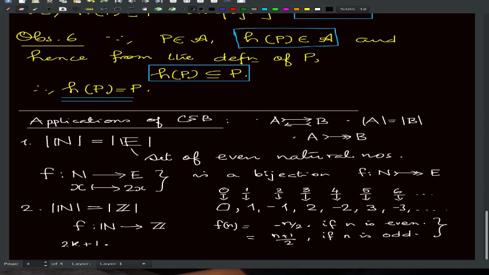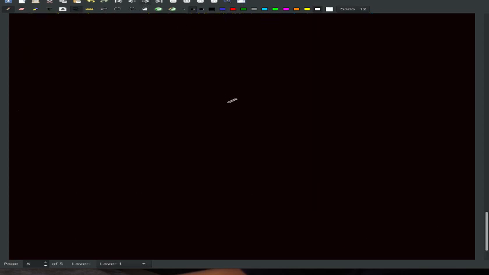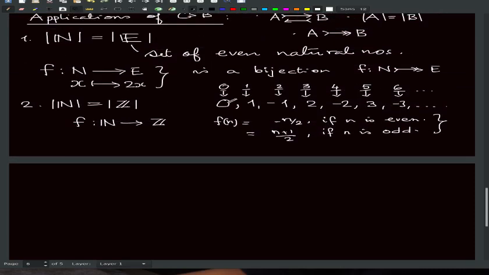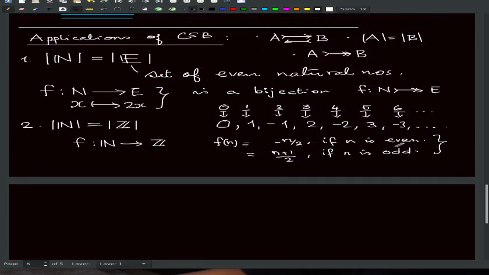So now we have to check that this is a bijection. That remains: you have to show that this is a bijection. It is immediate over here that the negatives are coming for evens, and for odds they are all positives. So take x.